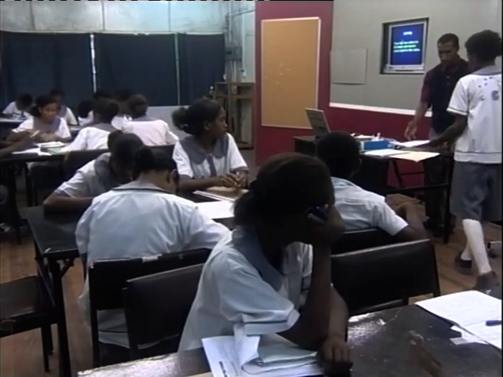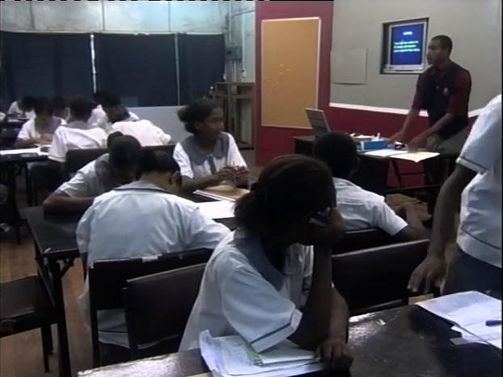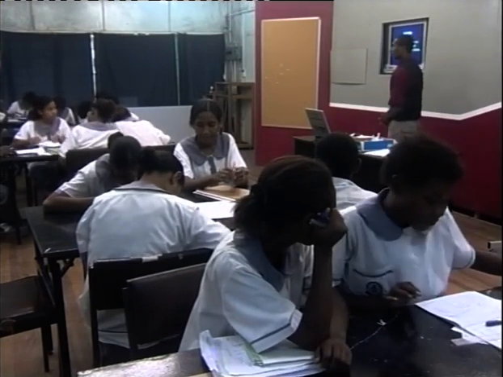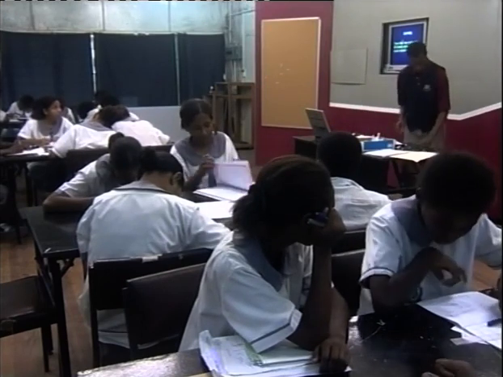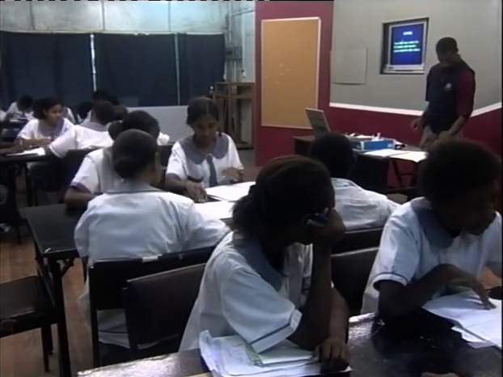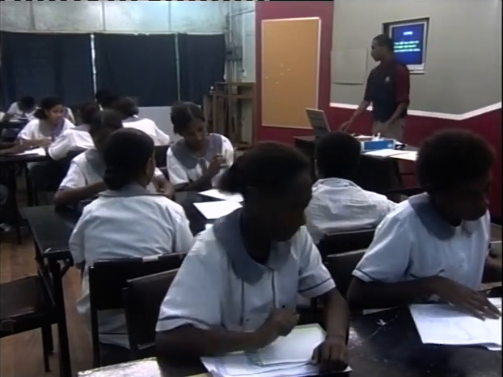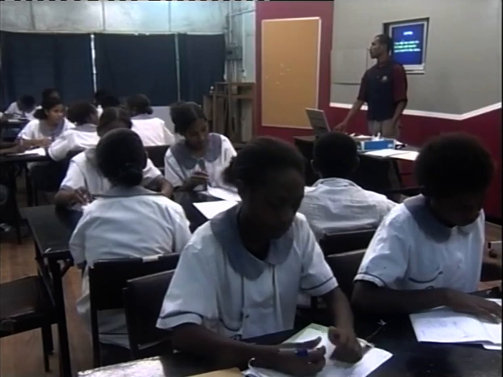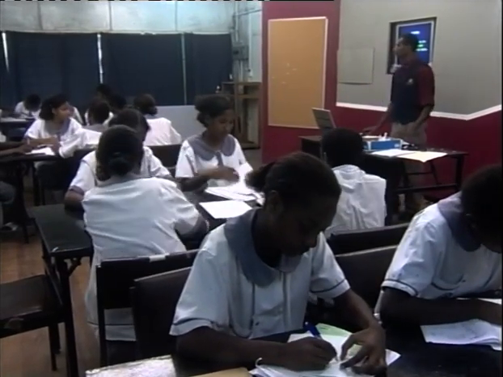Last two groups. 22 coins. We have the last group. 1, 2, 3, 4, 5, 6, 7, 8, 9. Okay, last group, Samuel's group. If you're finished, bring your sheet.